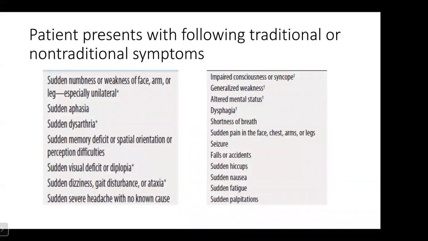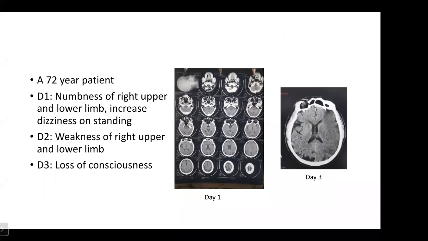So with these symptoms, we must be concerned and try to find out whether it is a case of stroke or not. If it is a stroke, then our management is different. If something else, we will manage the patient accordingly. If such simple problems are managed in the ER, the patient can be discharged. But if the patient's condition is related to stroke, then we have to think differently.